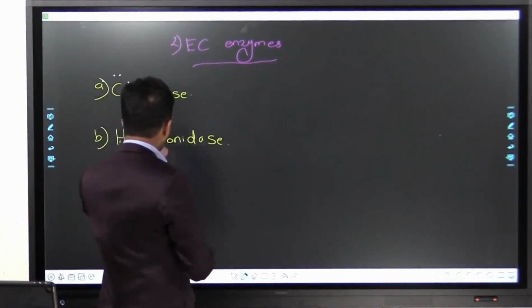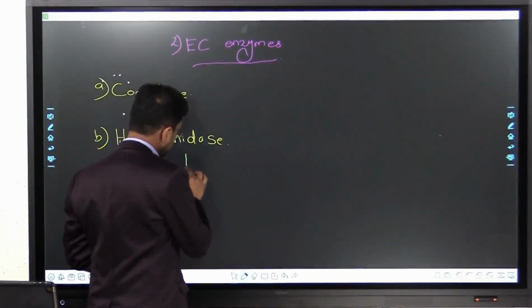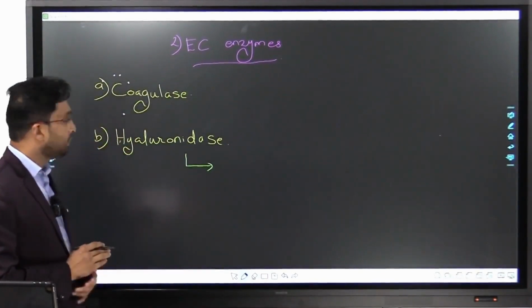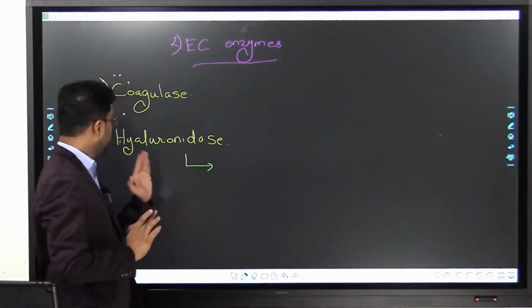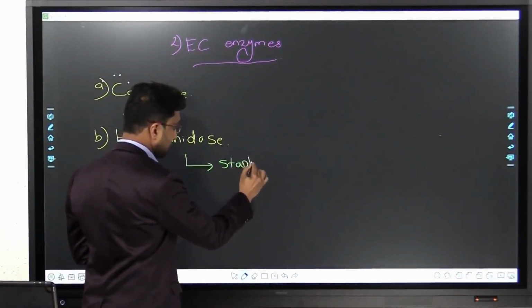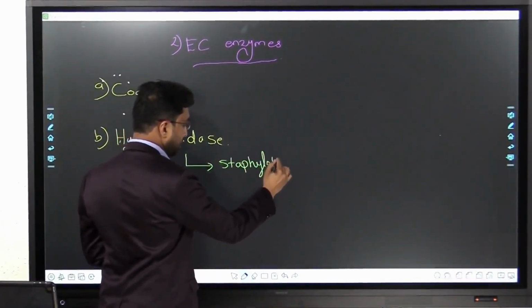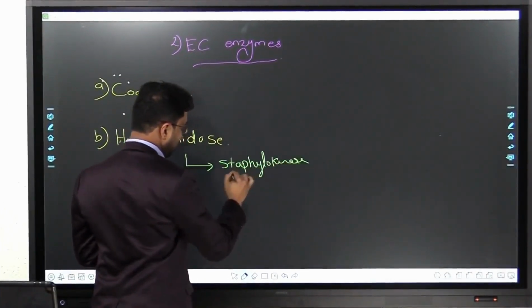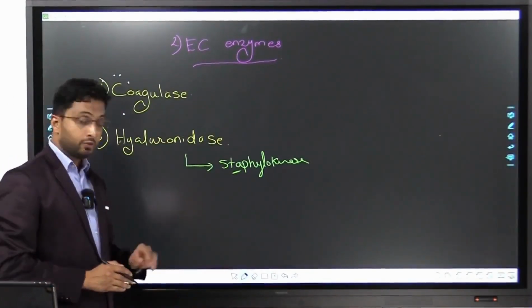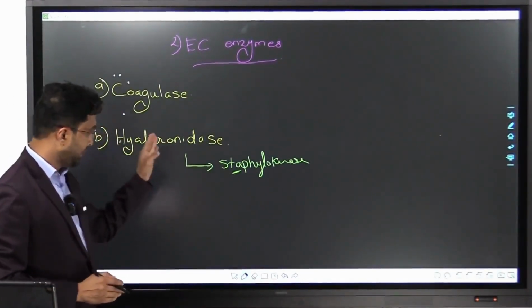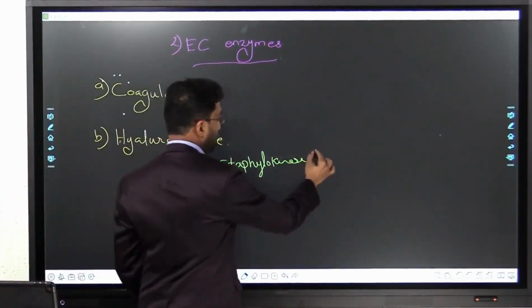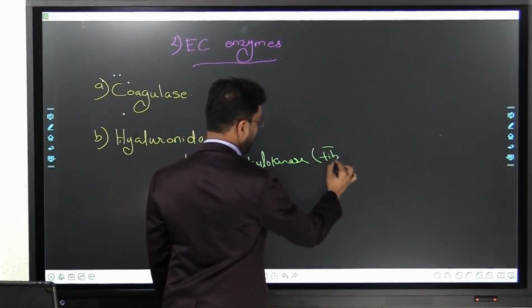I'll discuss coagulase in detail, but as of now, I want you to understand hyaluronidase. The other name of this hyaluronidase is staphylokinase, or fibrinolysin. Why staphylo? Because later we'll study that this hyaluronidase is also produced by Streptococcus.